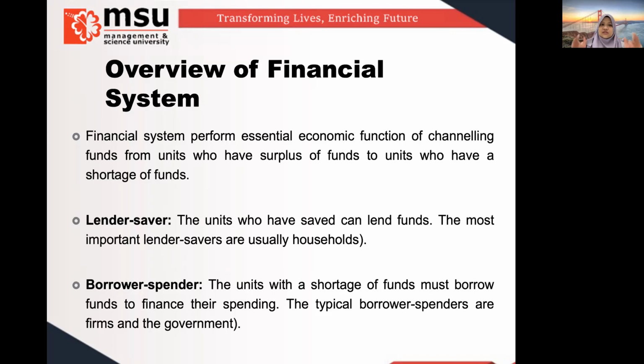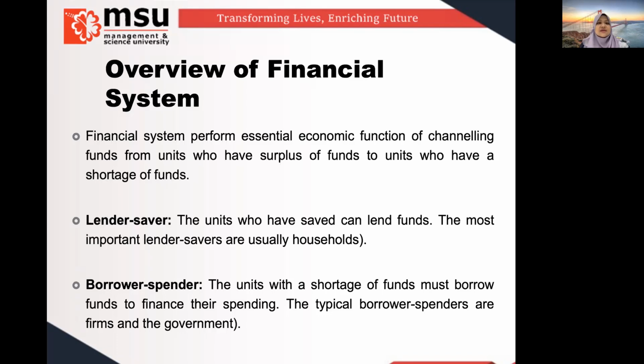So in financial intermediaries, there are systems where the lender and the borrower can interact together. Okay, so borrower, when they need money, will go to financial intermediaries and ask for fund.